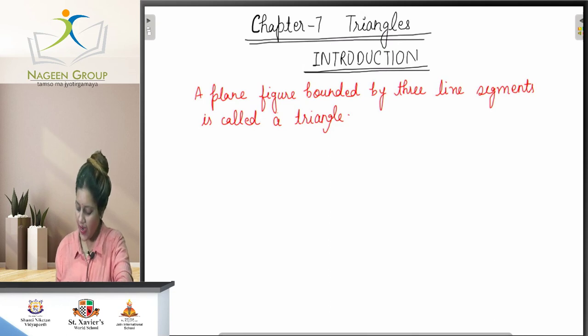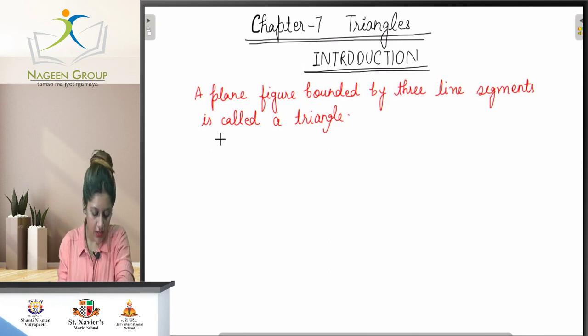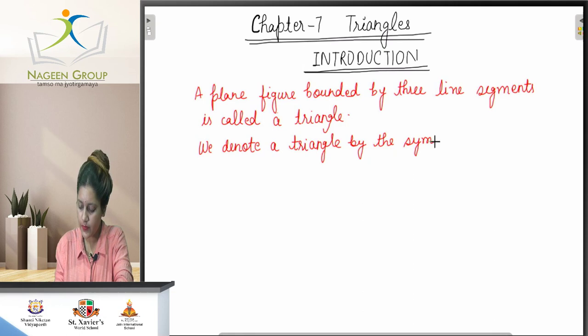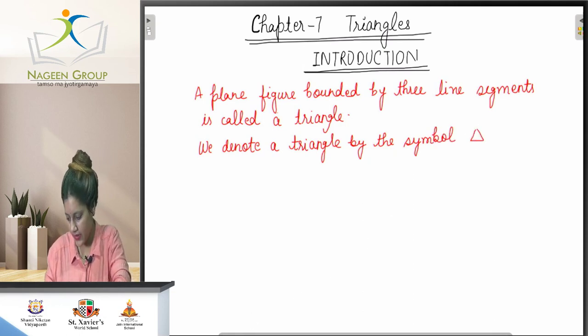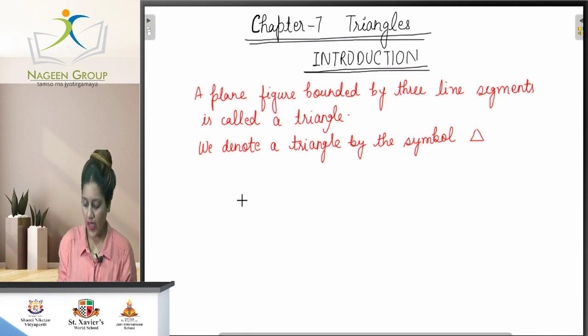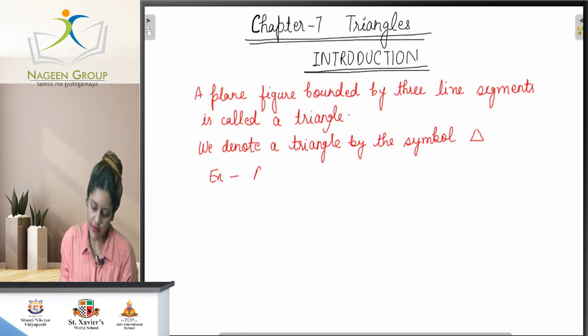So if we make a diagram, we denote a triangle by the symbol that is this. This is a symbol to denote the name of a triangle, for example triangle ABC.